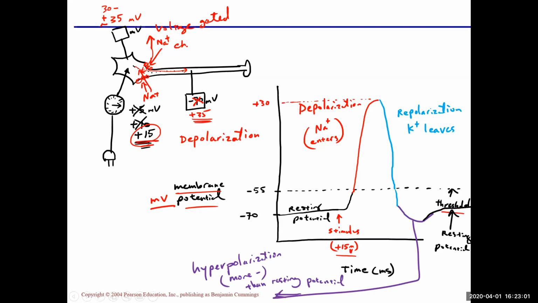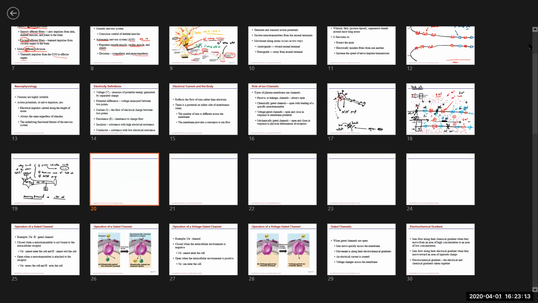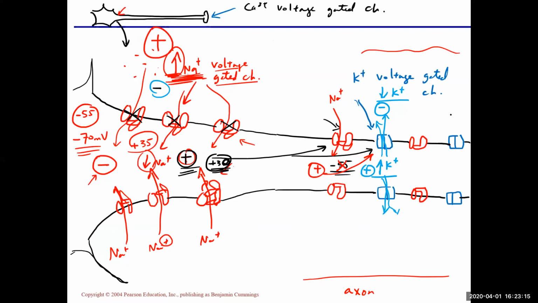So how did we achieve that? There was more potassium leaving. Again, in order to understand this part, we need to go back and take a look at the channels right over here. Why is it going back to the resting potential from hyperpolarization, when the potassium channels are closing?